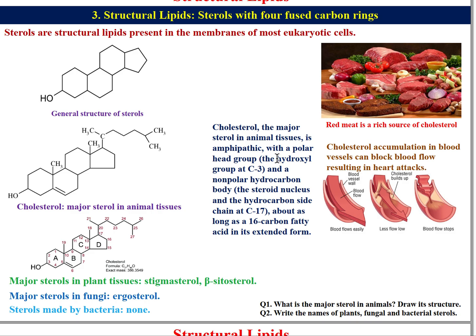In plants the major sterols are stigmasterol and beta-sitosterol. The major sterol in fungi is called ergosterol. Cholesterol is amphipathic, with a polar head group and a non-polar hydrocarbon chain. Amphipathic means the compound contains both polar and non-polar moieties. It is about as long as a 16 carbon fatty acid in its extended form, this one.